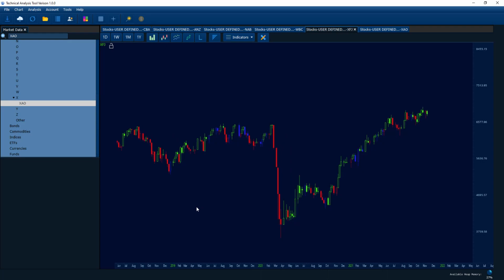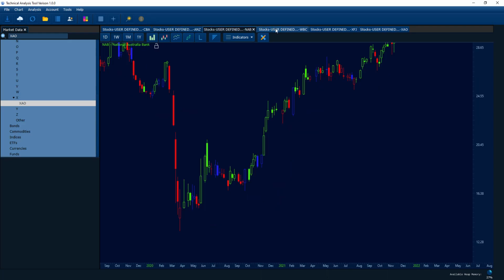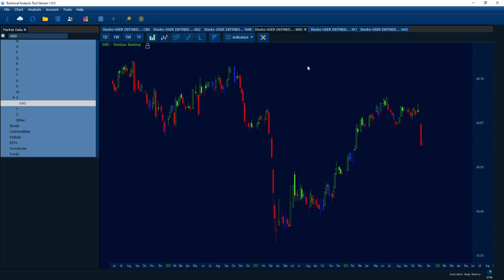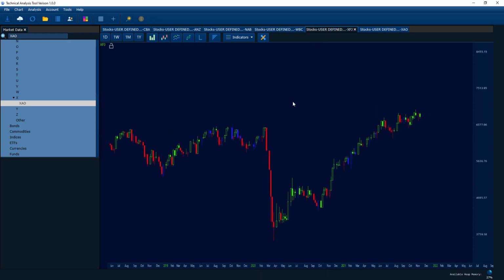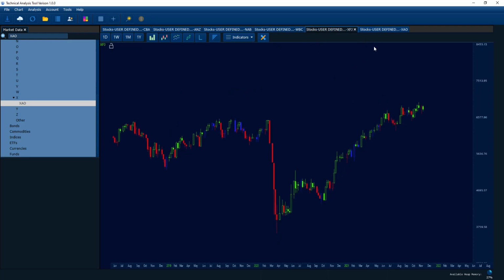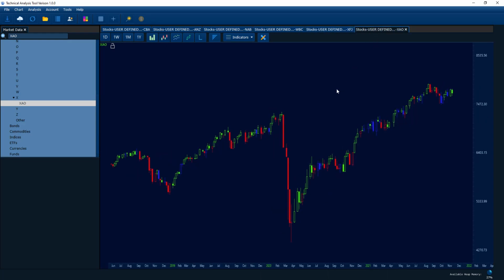I have already prepared the data here. I imported Australian share market data. Right now I've opened the big four banks charts and also the financial sector index, and also the XAO, which is the All Ordinaries, the all Australian shares index.